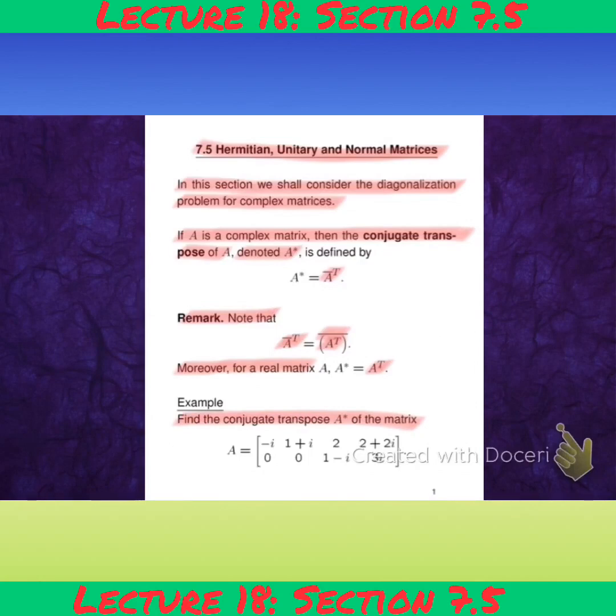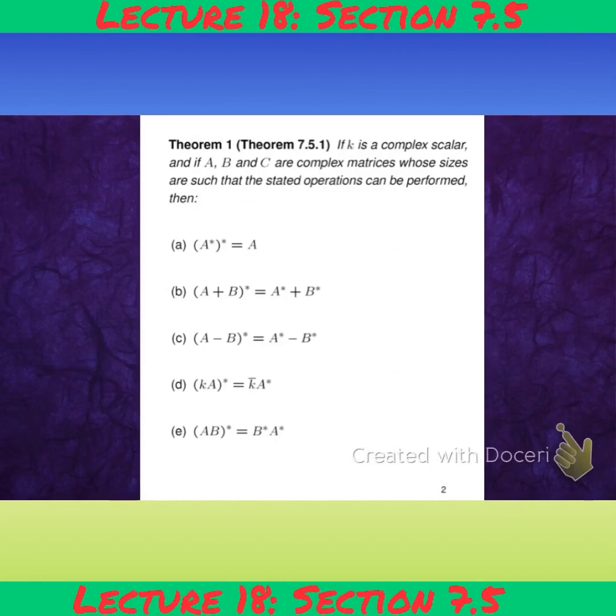Theorem 1 is just to take note of these properties. If k is a complex scalar, and A, B, and C are complex matrices whose sizes are such that the operations can be performed, then we have the following. The conjugate transpose of the conjugate transpose gives you the matrix A. That's quite obvious.